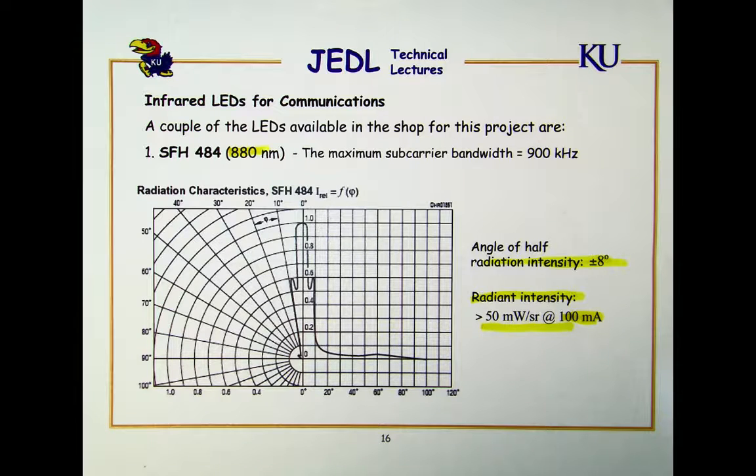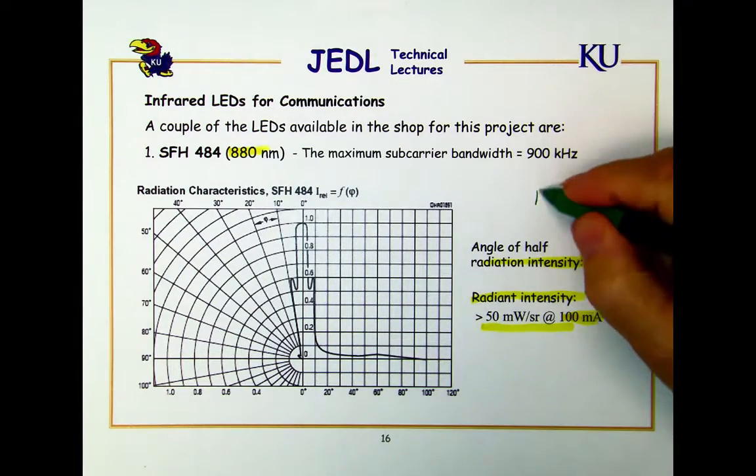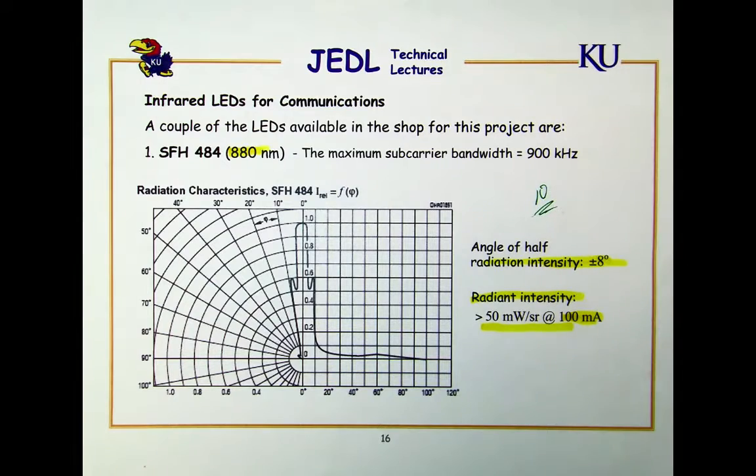Another device that's a kind of companion to the 484 is the SFH485. That's on the next page. Now, some of these are devices that have gone obsolete, so in other words, we can't order any more of them. I think Tom said that we have 10 of these, and they are the fairly narrow beam device.